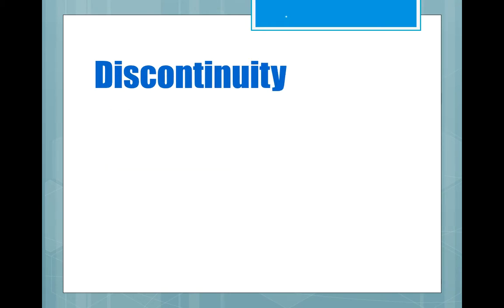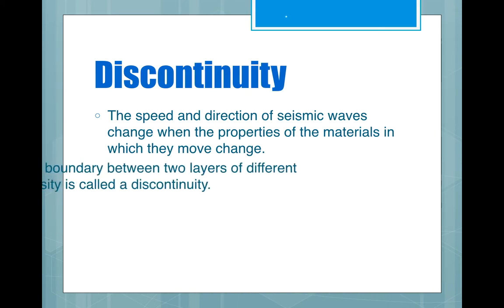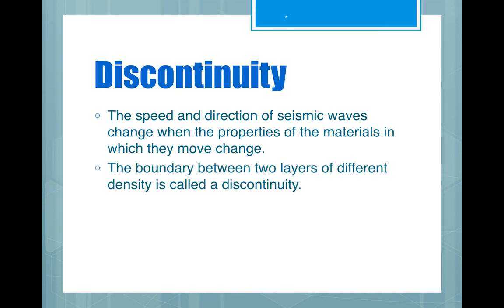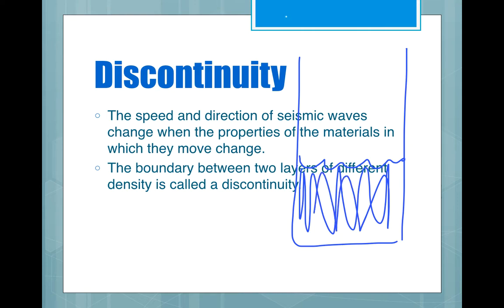Another term that you need to know is called a discontinuity. And a discontinuity is where there's a boundary between two different layers of density. Okay, so your example here is if I had a beaker and I poured a bunch of water in here, and then on top of this, I poured some oil in here.